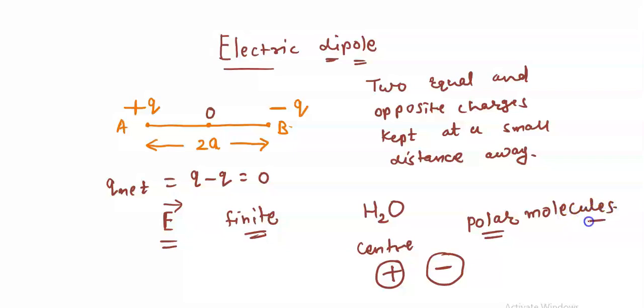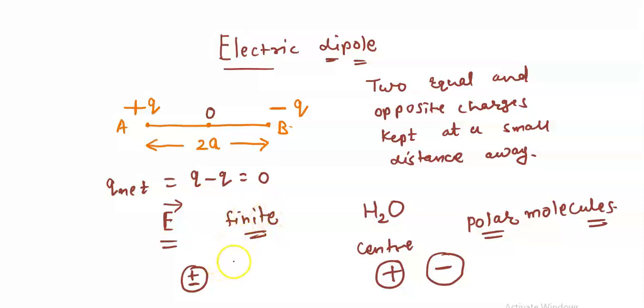In case of polar molecules, you can see that it actually acts as an electric dipole. So this is a natural dipole. Now there are certain molecules where the positive and negative charge centers overlap, there is no gap between them.